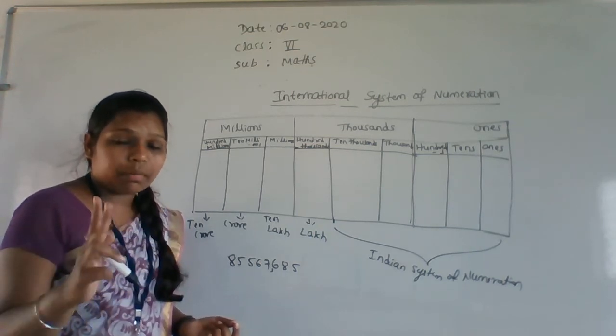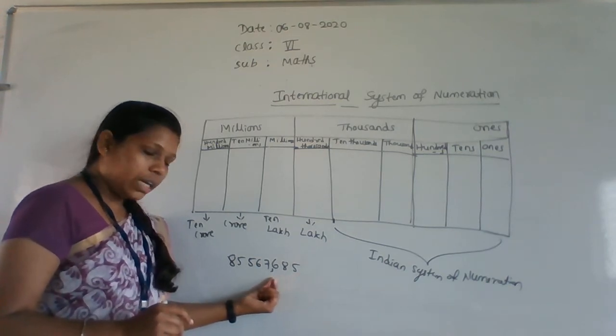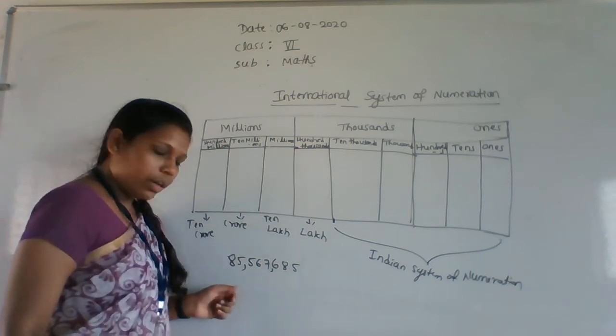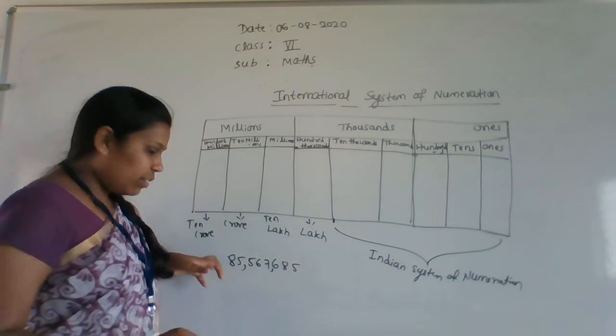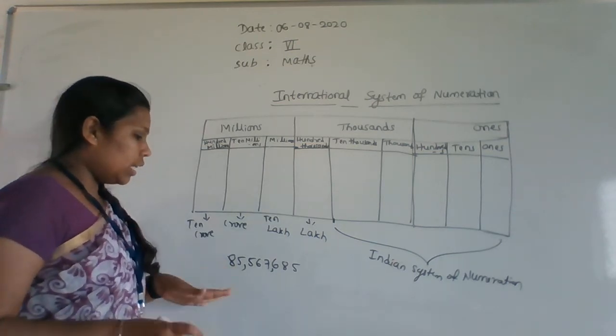Here, no 2 numbers, all are 3 numbers only. So here, after 3 numbers, I already put a comma. And next, after 3 numbers, again I am putting a comma here. Now here only 2 numbers are left. It's okay. If there is another one number, then we can. So here nothing to do.